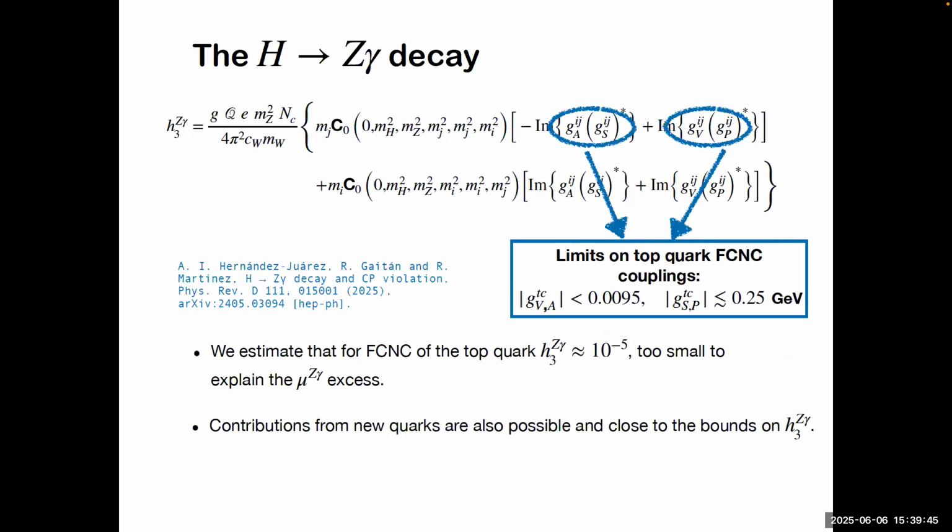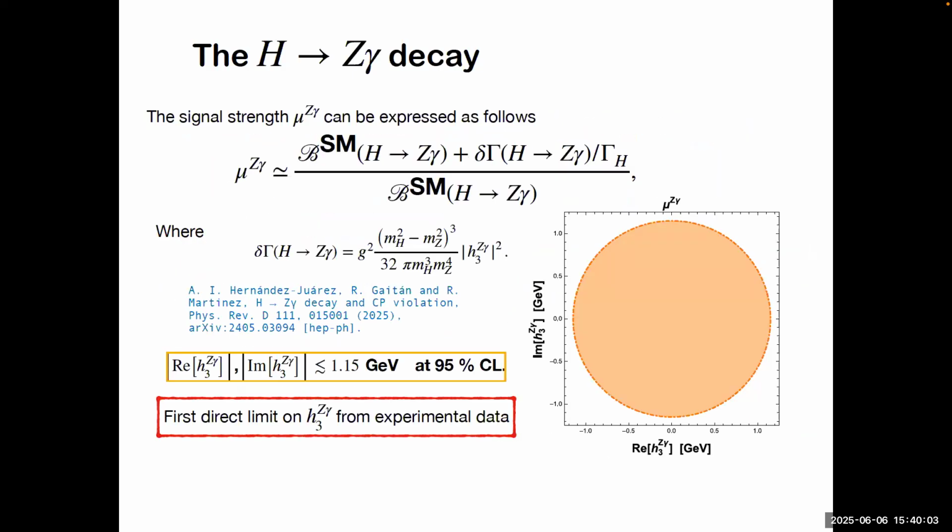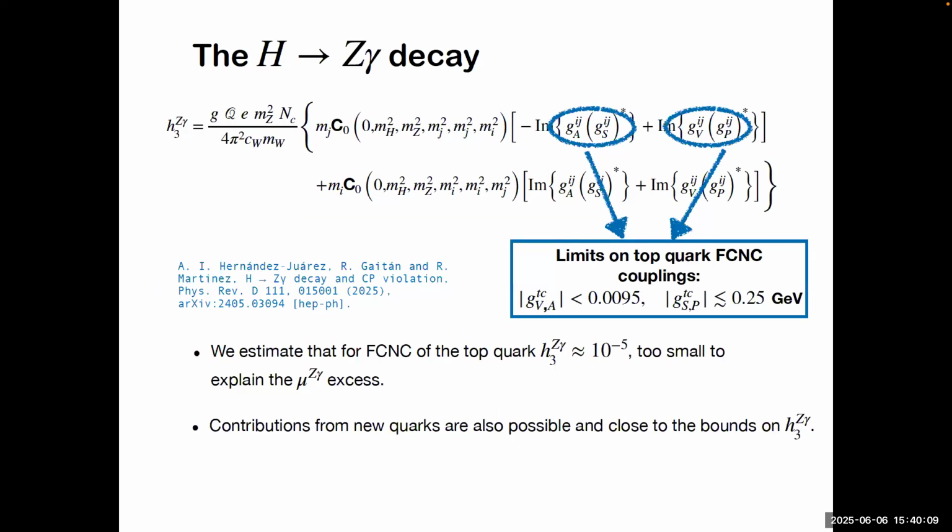And well, we can find that if we use the results, we estimate a value of 10 to the minus 5 for the H3 form factor, which, as you can see, is very small. If we compare with the limits that may explain the excess observed at the LHC, they are very small.